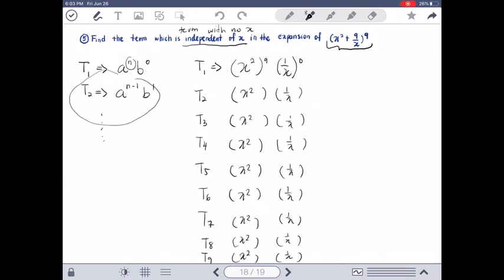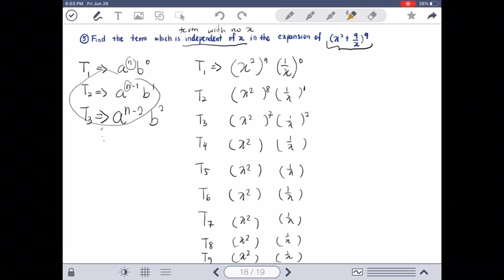And obviously for the second term will be 9 minus 1, so 9 minus 1 becomes 8. And this is going to get 1. And the third term should be a to the power of n minus 2, b to the power of 2. So this one will be 9 minus 2, which is 7, and 2.